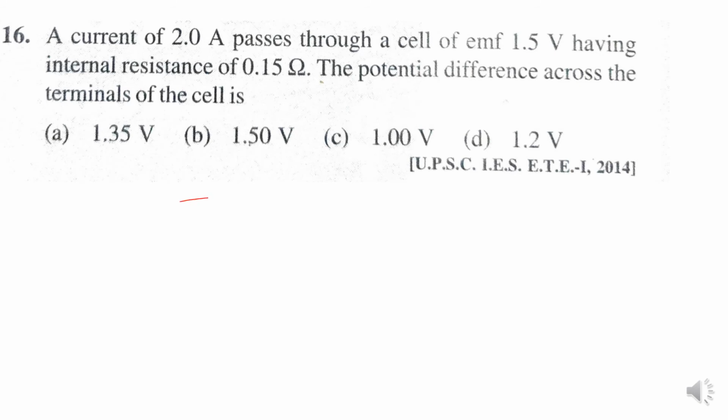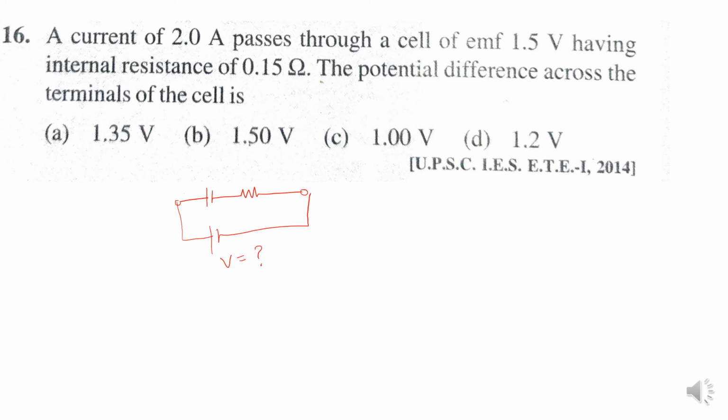First I draw the cell, of 1.5 volt, having the internal resistance, and I am going to find the potential difference across the terminal.